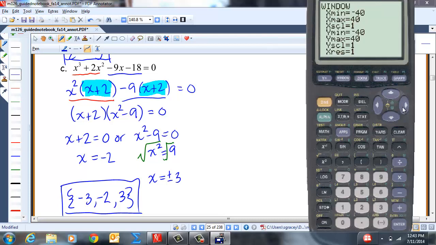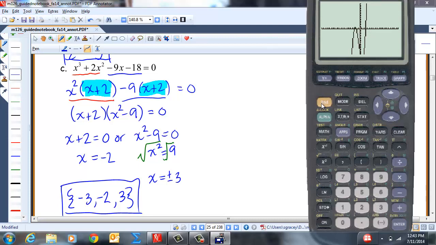Why don't we try setting this at negative 20 to 20 instead? And the y max we can set at the same. And see what that one looks like. It's a little friendlier. We ditched out on the bottom part of the graph, but at least we can see it crosses the x-axis, it looks like here and here.